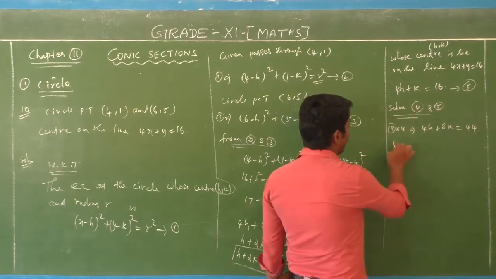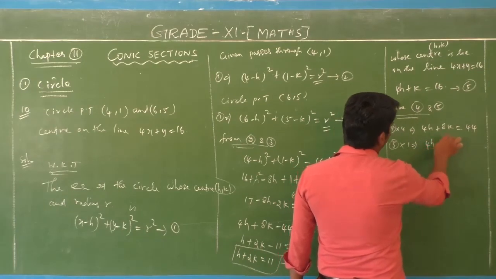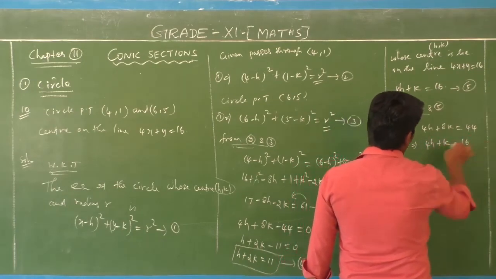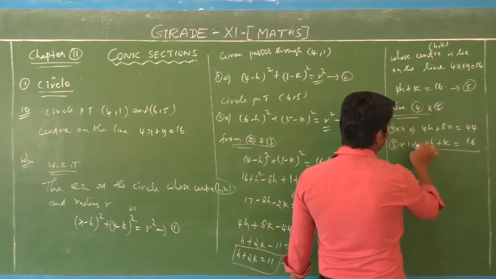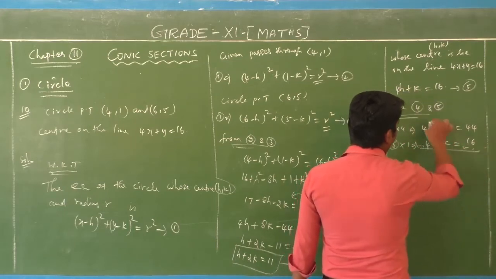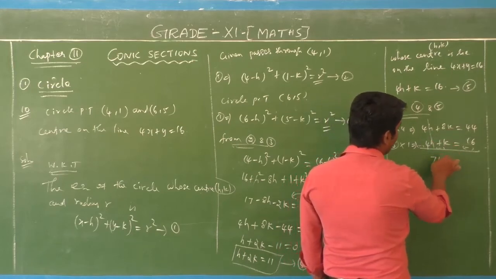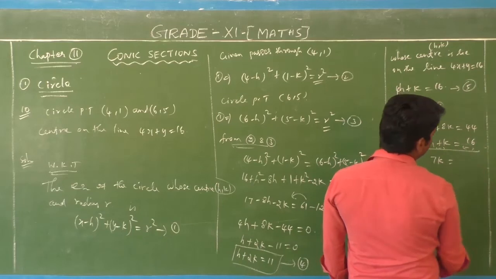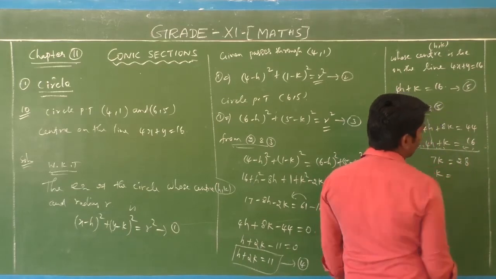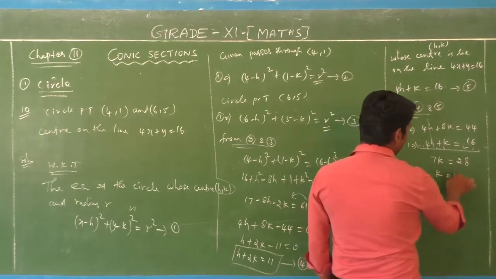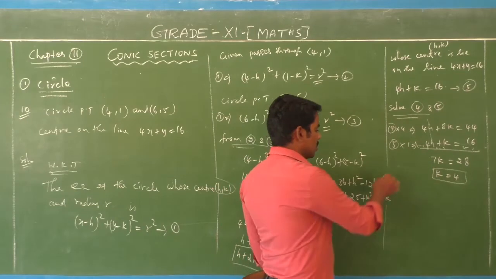And equation number 5 into 1: 4h plus k is equal to 16. Subtract: 4h minus 4h is 0, 8k minus k is 7k equal to 44 minus 16 is 28. So k equal to 28 by 7 is 4. K value is 4. Right.